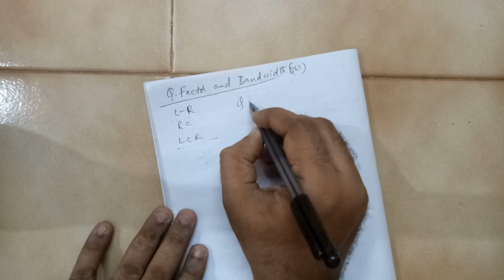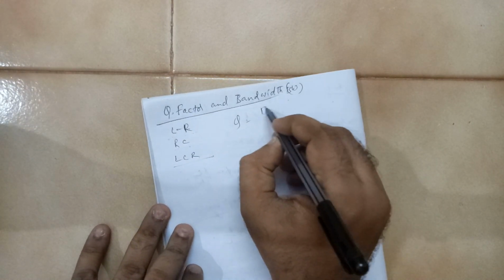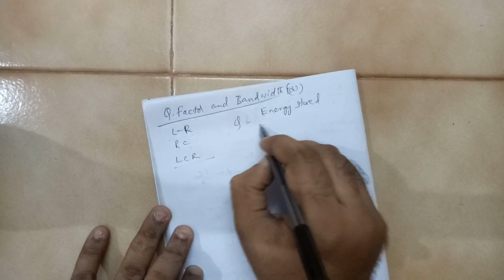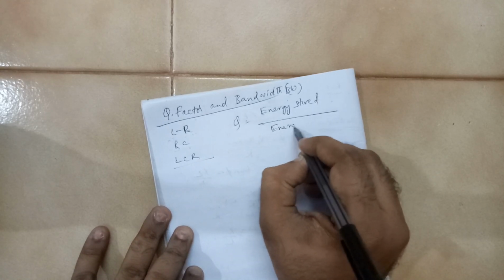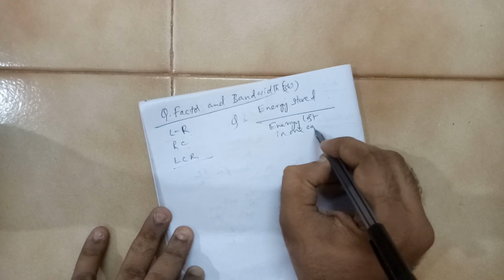So this Q, the quality factor, is defined as the energy stored in a circuit divided by the energy lost in one cycle.